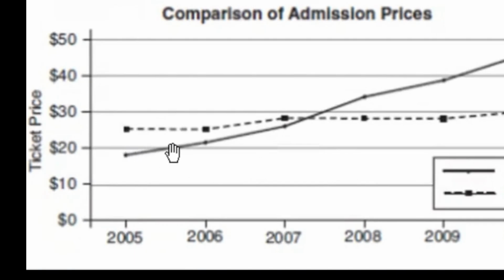So we see that our solid line here represents Park A, and our dashed line represents Park B. We see the dates in years on the x-axis, or our horizontal axis, and on the y or the vertical axis, we see the ticket prices, okay?